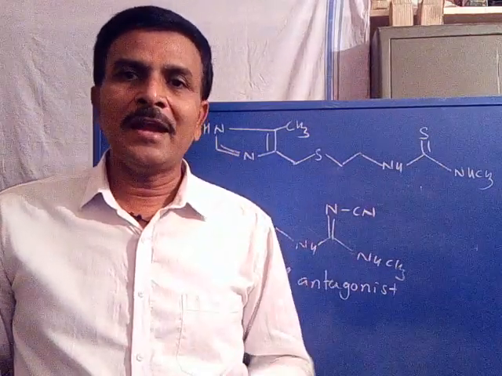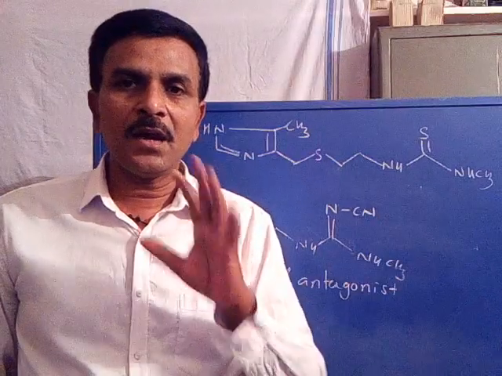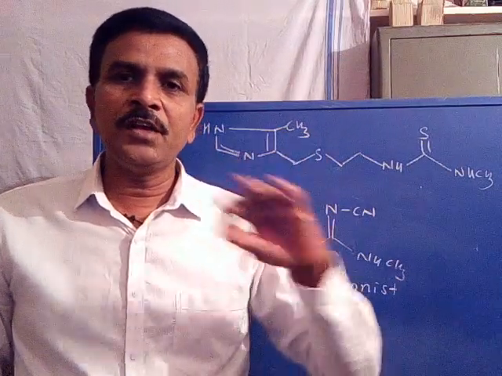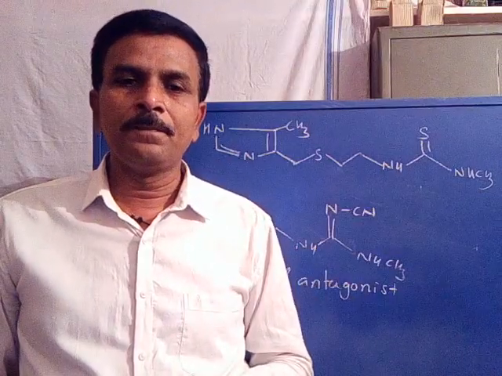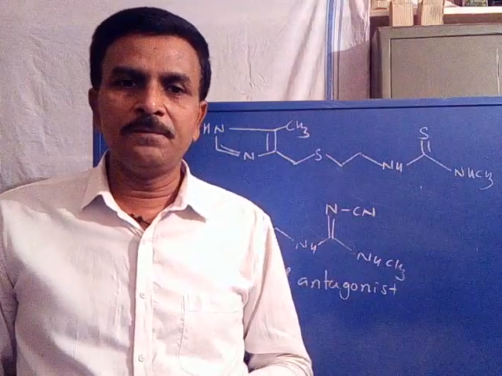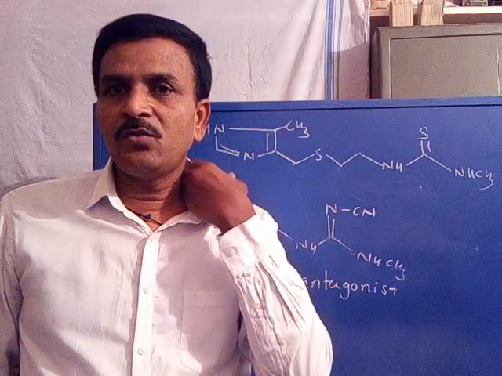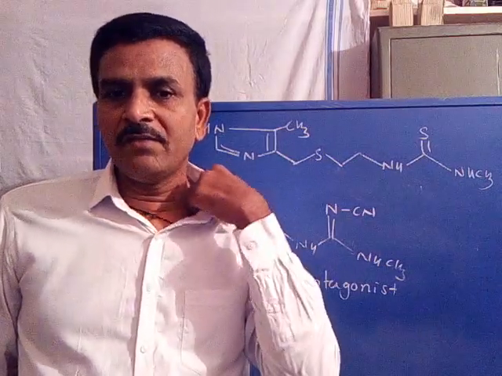N-guanyl histamine acts as a poor or partial antagonist. Therefore it was modified by introducing one sulfur in the side chain to get isothiourea, which acts as an antagonist but also has partial agonistic activity.